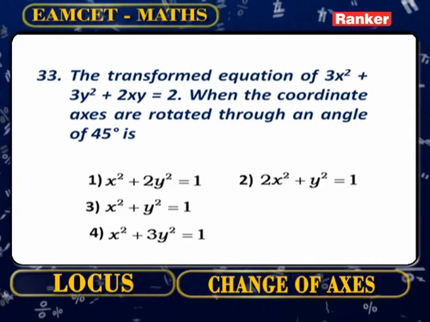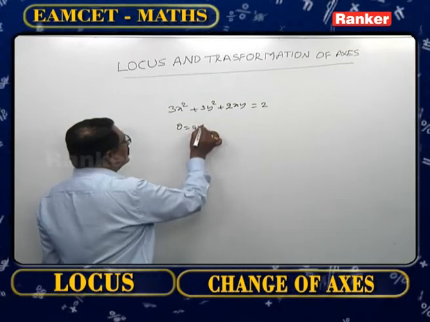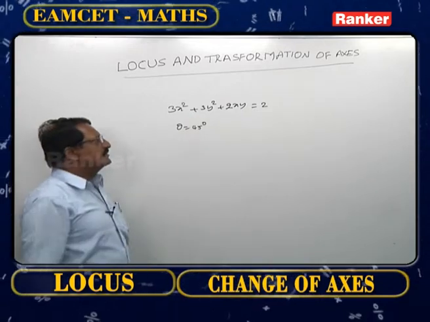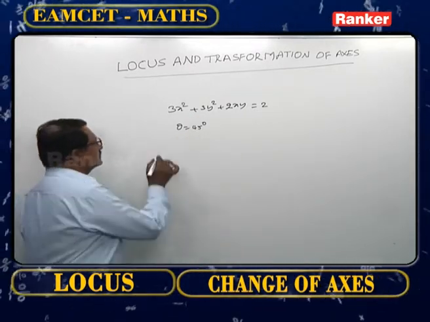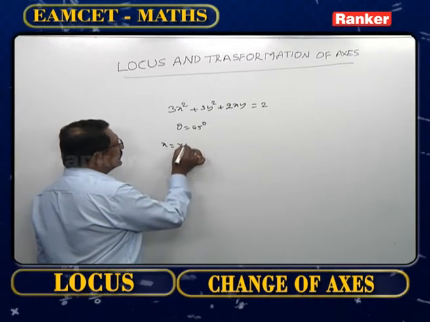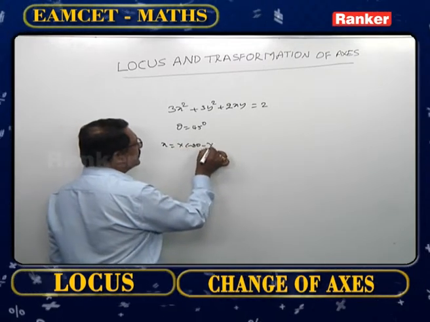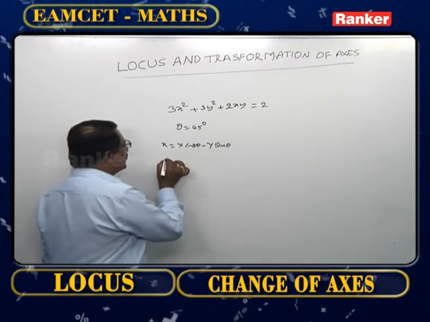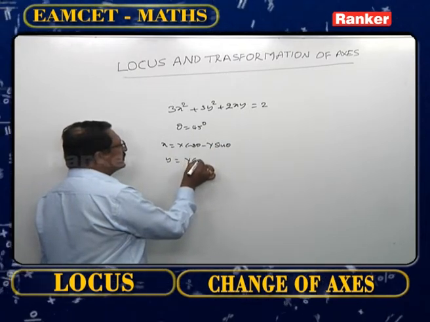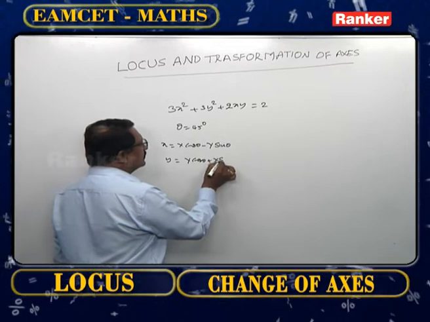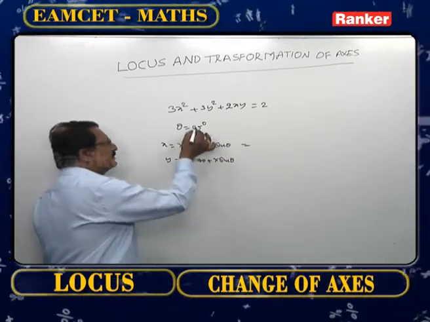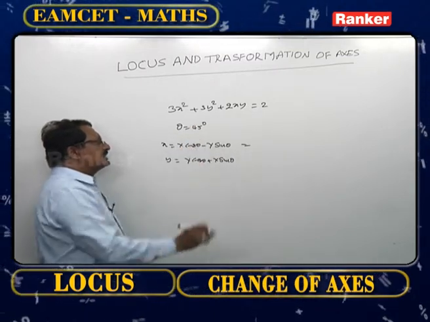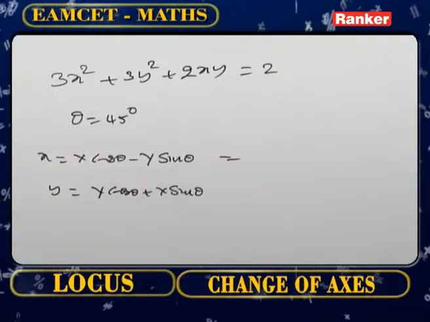The original equation is given, and the transformed equation is required. Now x equals X cos theta minus Y sin theta, and y equals Y cos theta plus X sin theta. Substituting theta equals 45 degrees, cos 45 is 1 by root 2 and sin 45 is also 1 by root 2.